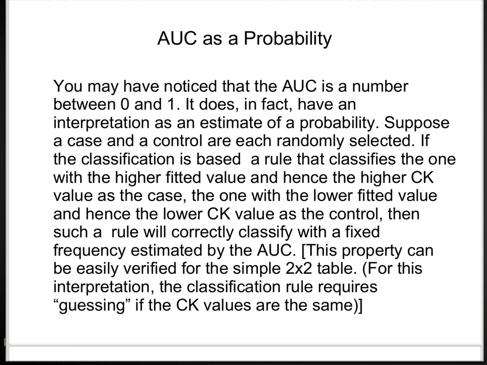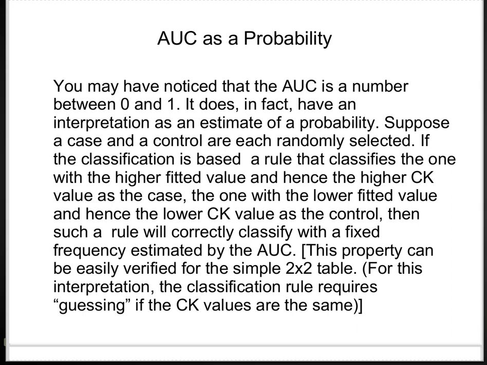You could say, well, if I just merely guess and I didn't use the fitted values, then I'm going to be right 50% of the time, right? If I have no information and I merely toss a coin and guess. Okay. So the point here is that the use of this little game is somewhat artificial.